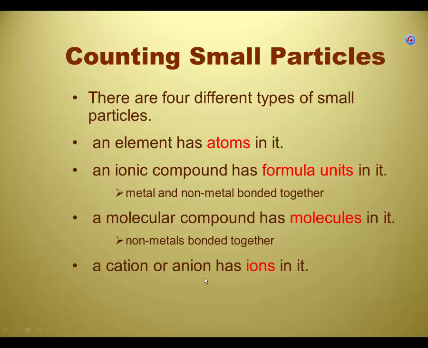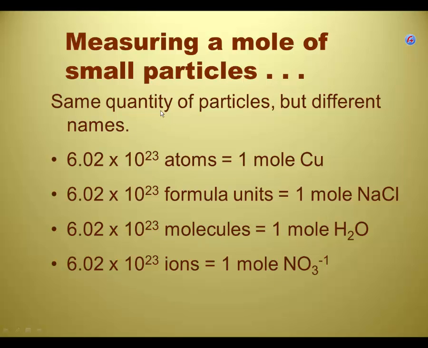And if we're just talking about cations or anions, like sodium when it's ionized, those would be ions. So a mole of copper, sodium chloride, H2O, or nitrate ions is always 6.02 times 10 to the 23rd atoms, formula units, molecules, or ions.